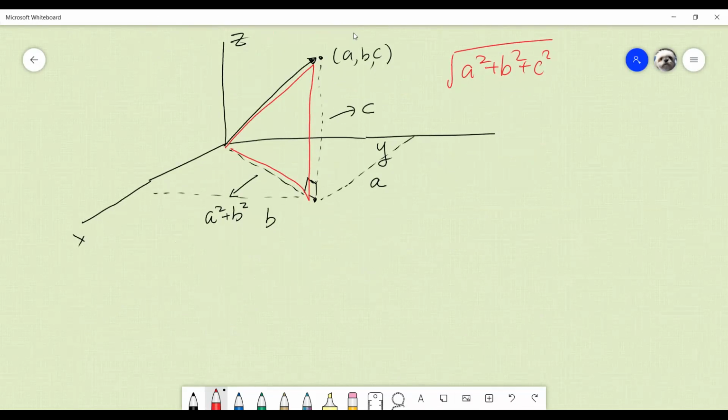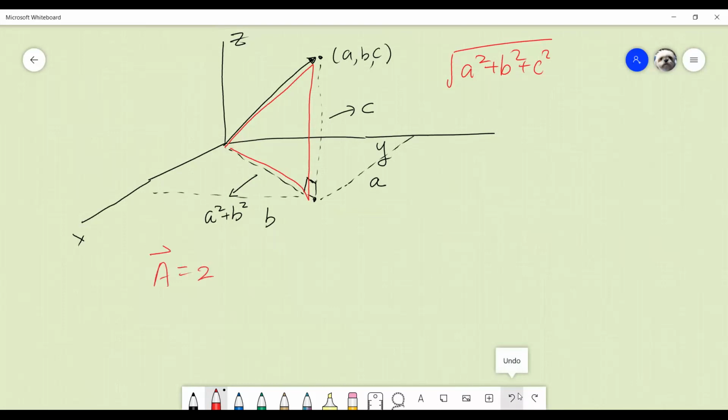Now I'm going to give you another example here. Let's do this one. Let's say I have A as 2i plus 5j, and then I have B as 4i minus 5j plus k.